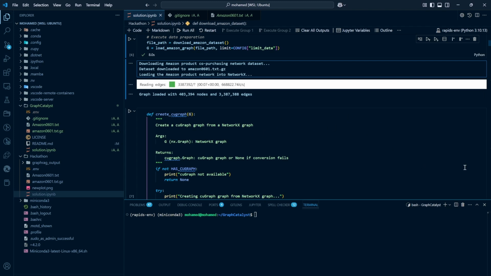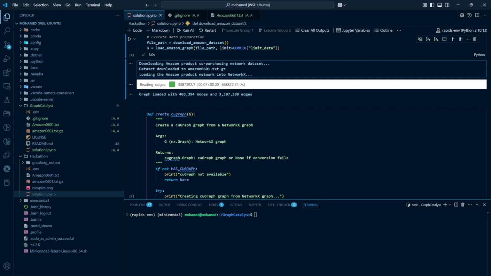And I actually want to talk about the business challenge here. E-commerce platforms have massive product networks where understanding the relationships between products directly impacts their revenue through recommendations, cross-selling, and inventory planning. Traditional CPU-based analysis of these networks at this scale is very slow and would require expensive computational resources.